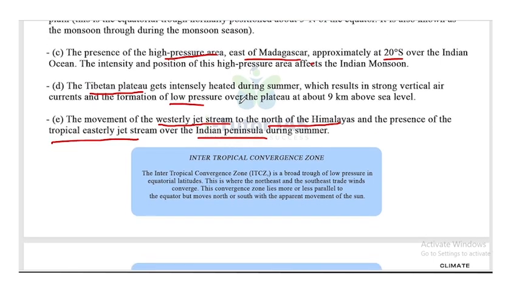Then the low pressure in the Tibetan plateau, and finally the movement of the westerly jet streams and the tropical easterly jet streams. Here the low pressure in Tibet. Here the high pressure in the east of Madagascar.